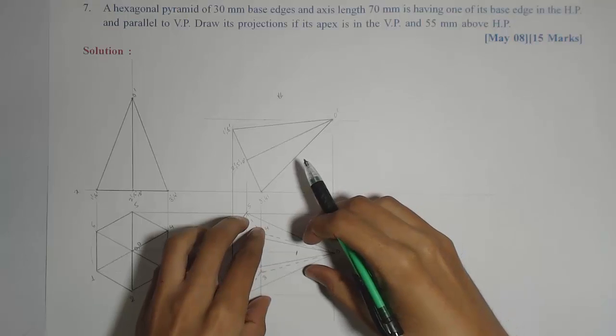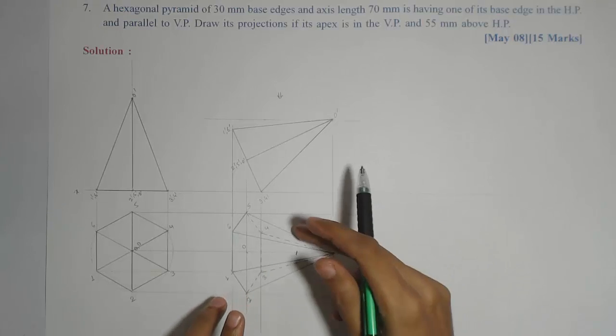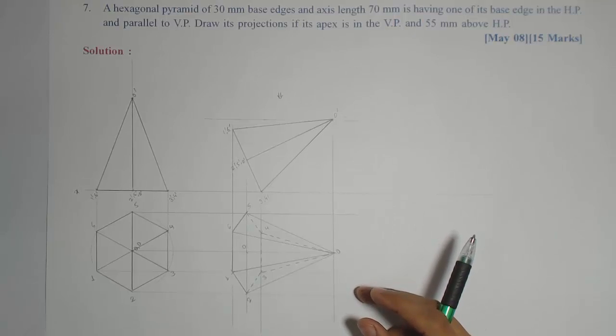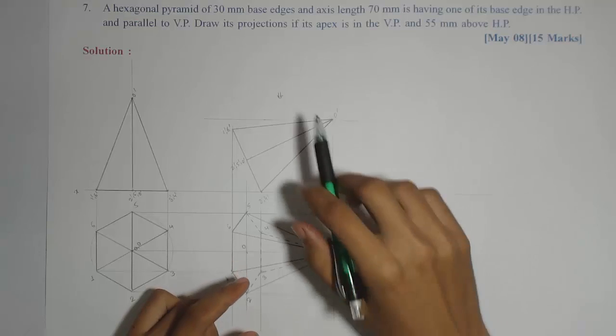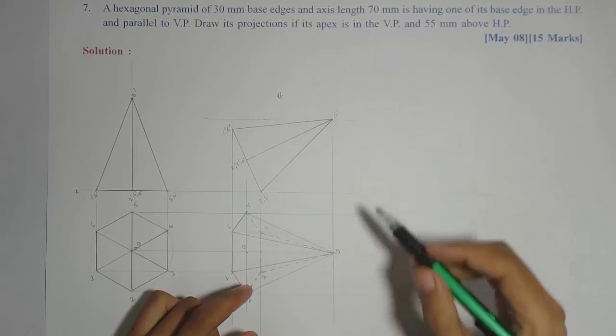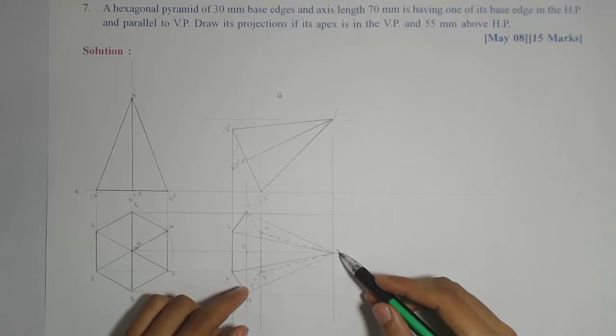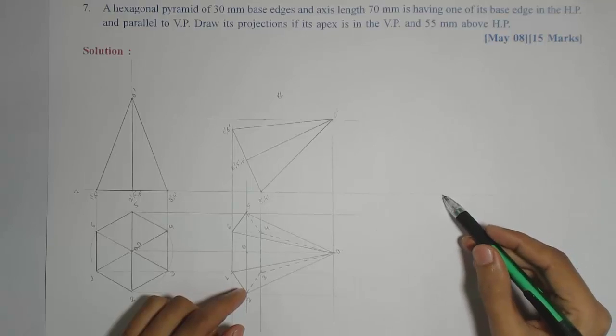So this will be tilted 90 degrees. But now, depending on the position of the apex, we need to decide how I should tilt, clockwise or anti-clockwise. That means for the apex, what is given, apex is in the VP. Means after tilting, this O should be in the VP. That means this O should touch the XY line.